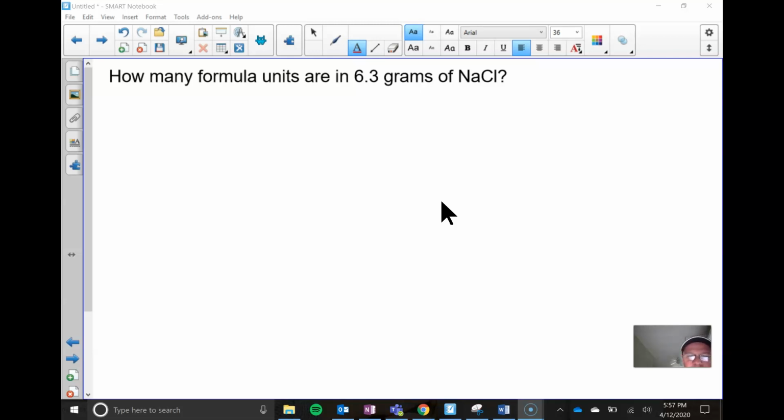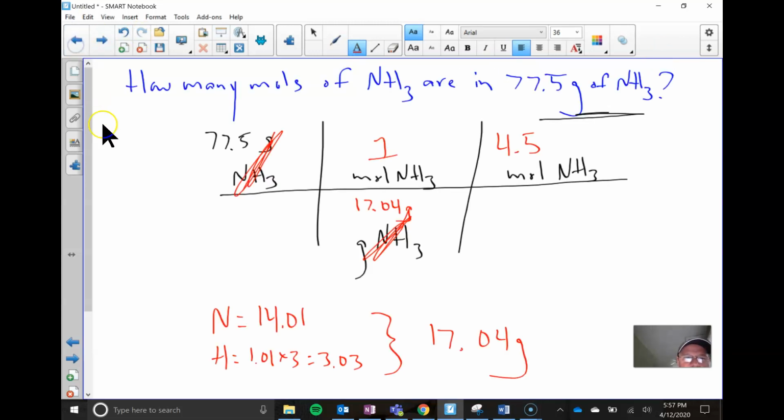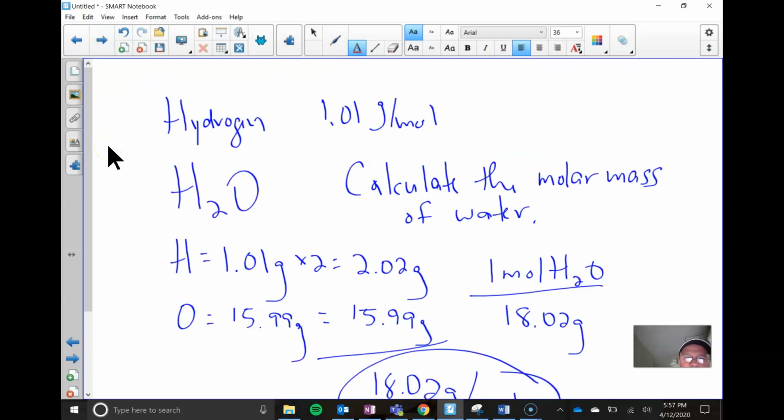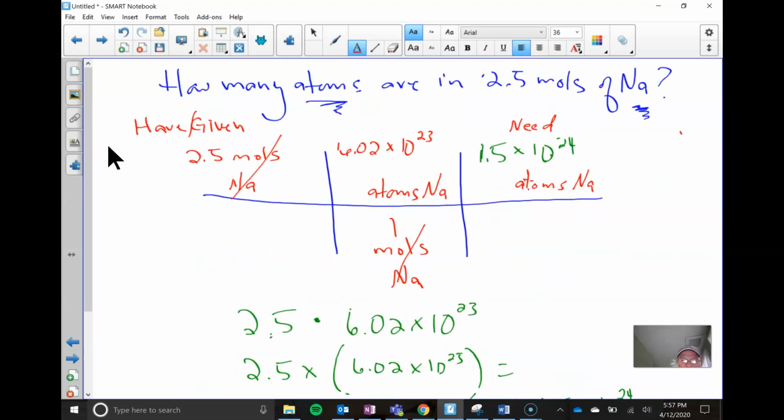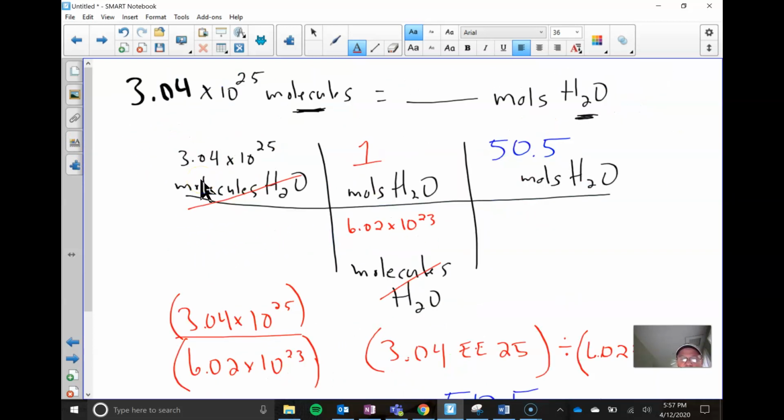Now, this last example problem that I'm going to give you is one where we combine a few steps. Before, in these other examples, we started off with Avogadro's number, and we were converting formula units, atoms and molecules, and we didn't have any kind of mass in these problems.